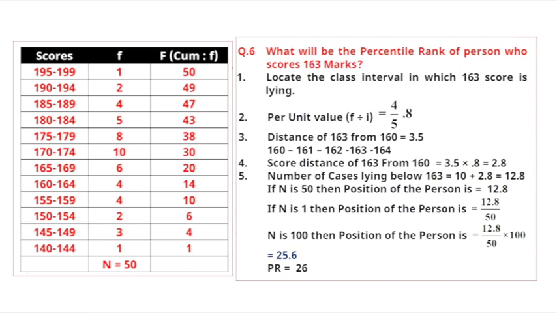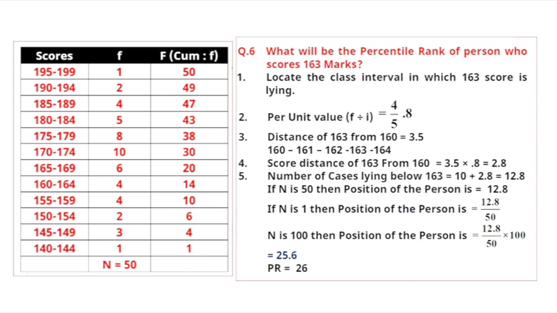It means 163 can go maximally up to 0.5, that is 163.5. So 160 to 161 is 1 unit, 161 to 162, 162 to 163, and it can go up to a maximum of 0.5. So the distance of 163 from 160 will be 3.5.